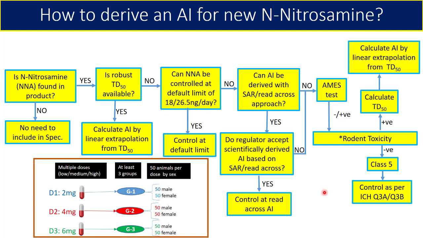And based on the TD50 value, we can calculate the acceptable intake by linear extrapolation, with the point of understanding what is the required dose which will result in a tumor in one species if 1 lakh species get exposed throughout their entire lifespan. So this is the way you can decide the limit, or the acceptable intake, for a newly identified N-nitrosamine. Thank you so much.